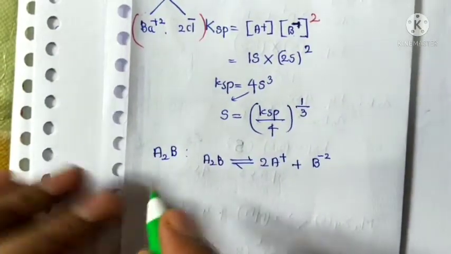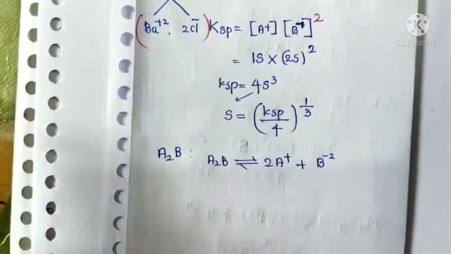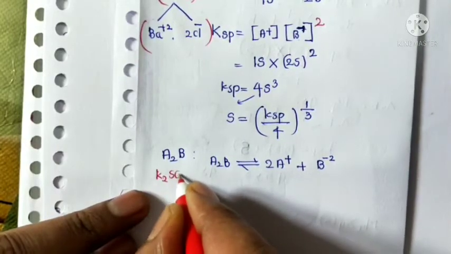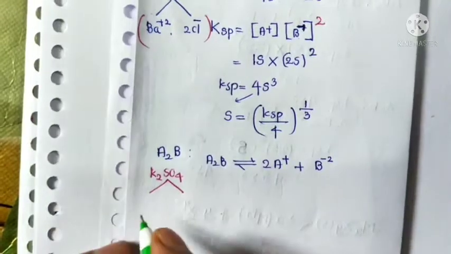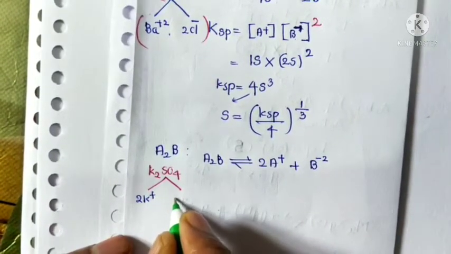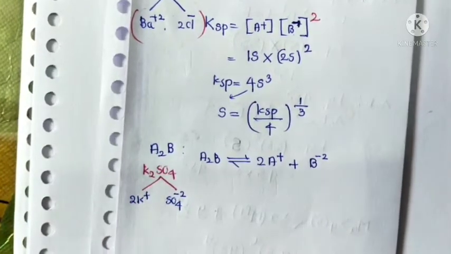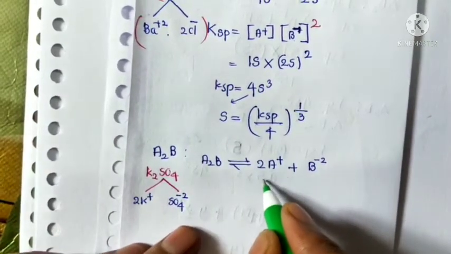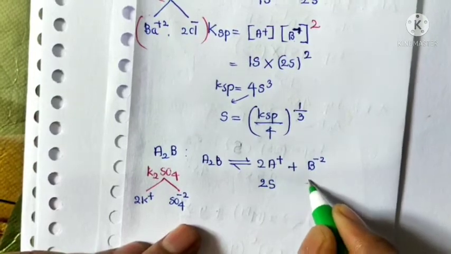The best example for this is potassium sulfate, K2SO4. It dissociates into 2 K plus ions and 1 SO4 minus 2 ion. So here this concentration is converted into solubility, that is 2s and 1s.